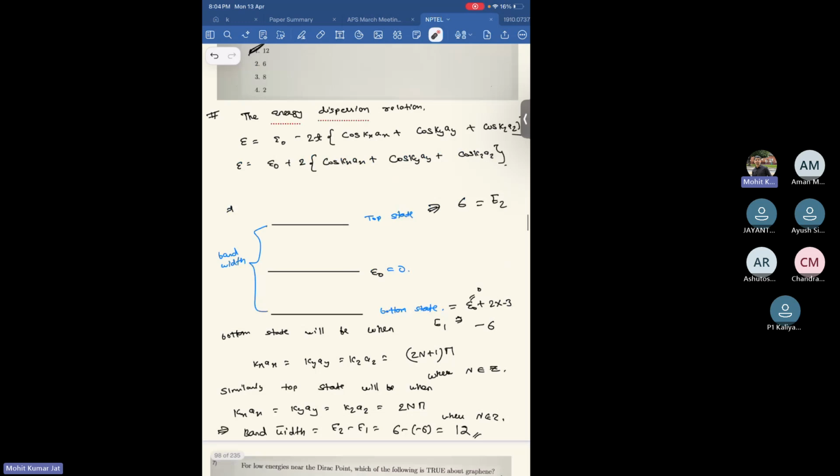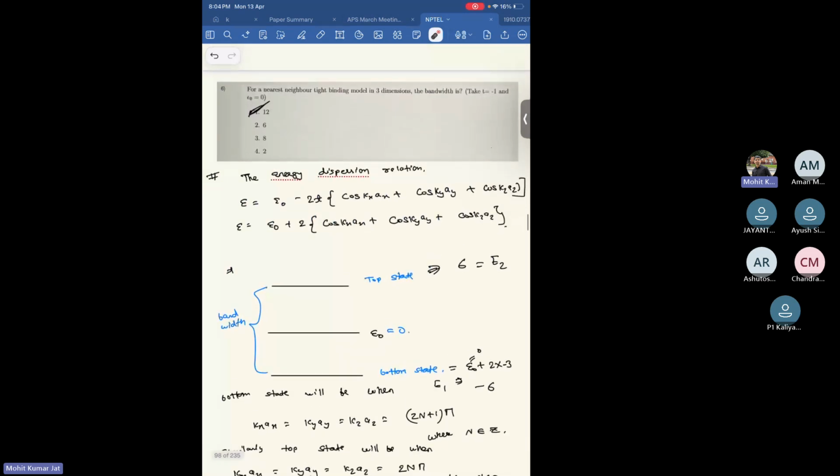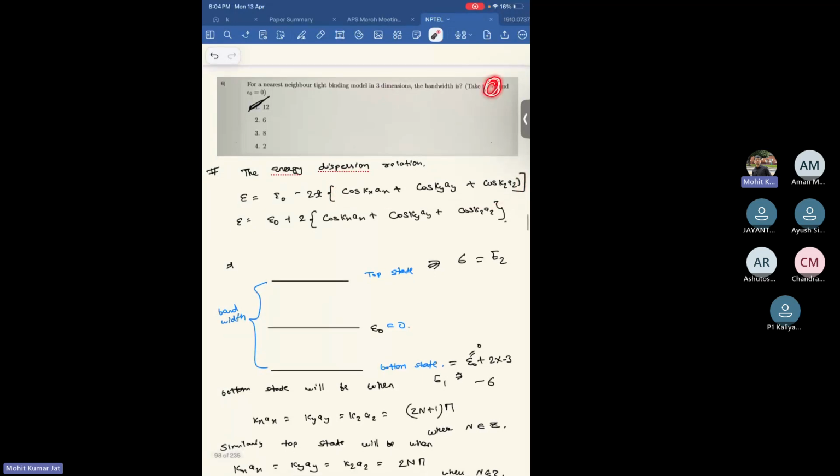And if it is 3 dimensional, we have these three terms. Now since t is equal to minus 1, this can have a maximum value of 3, that is 1 plus 1 plus 1, and the minimum value it can have is minus 3. So minus 2 times minus 3 will be plus 6, so that will be this state.